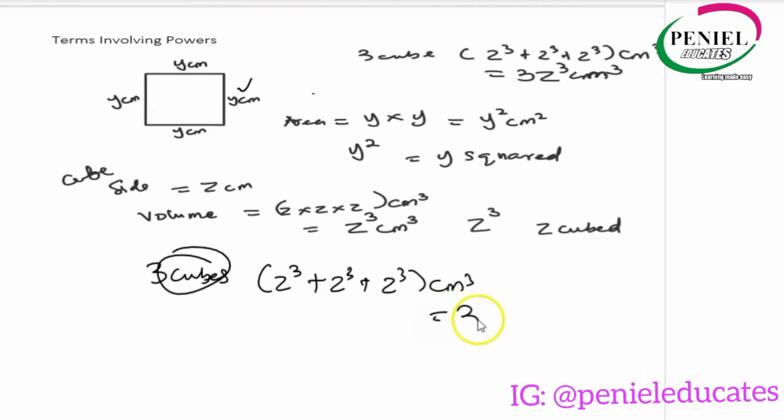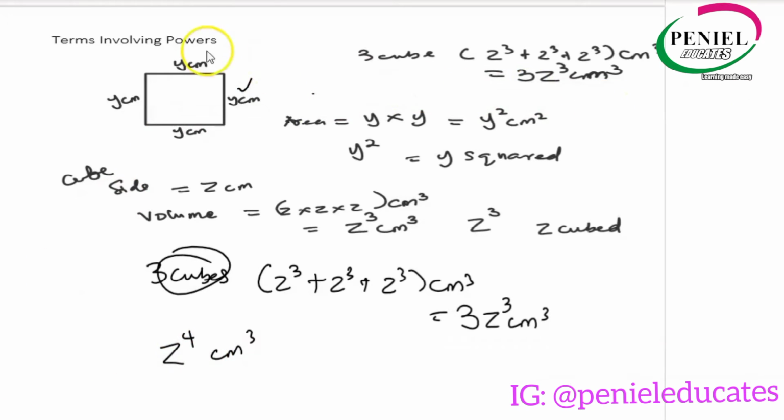So you have 3z cubed centimeter cubed, or say 3z raised to power 3. You can also have z raised to power 4, so you can have things that are raised to the power of 4, or other ones as the case may be.